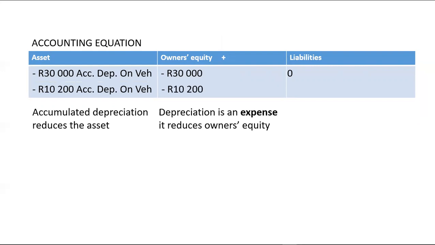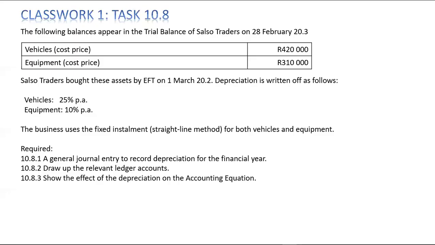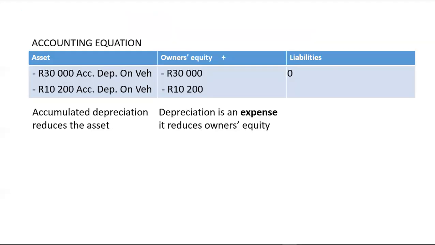That is not accumulated depreciation on vehicles, it's accumulated depreciation on equipment. Okay, it's on equipment. Accumulated depreciation on equipment. Okay. And that will be 10,200. And depreciation will reduce the owner's equity by 10,200.